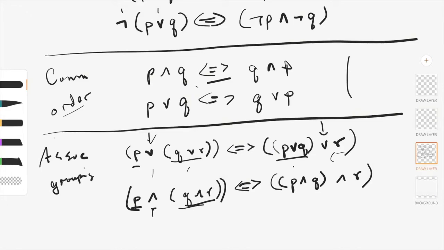It's treated like a unit. Here we have P and Q, the major operator, the rest of the expression. So again, it's just a matter of regrouping.